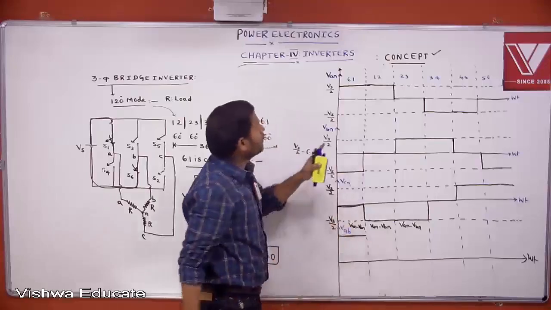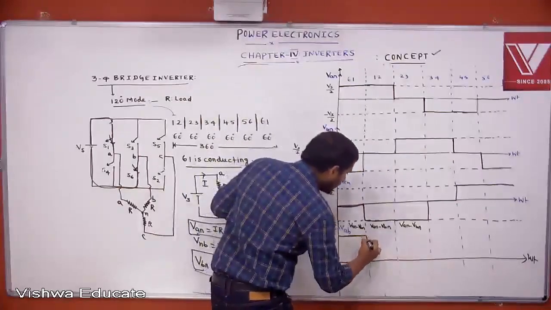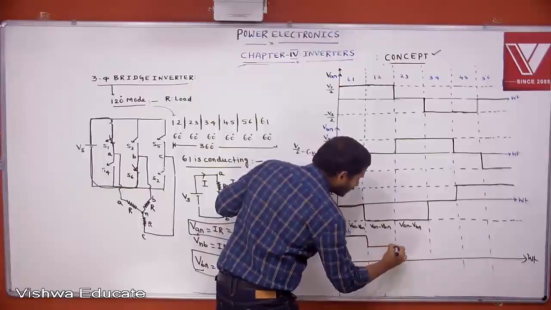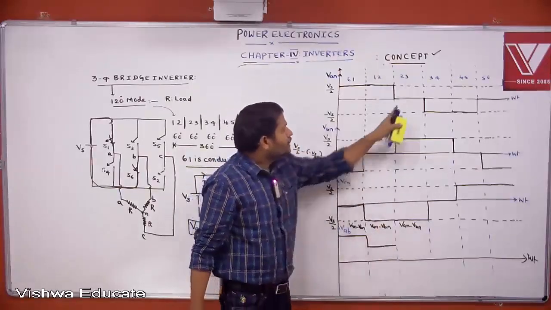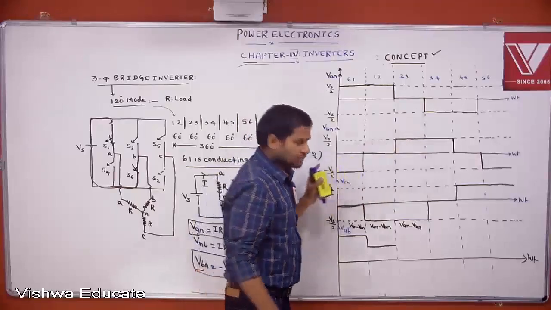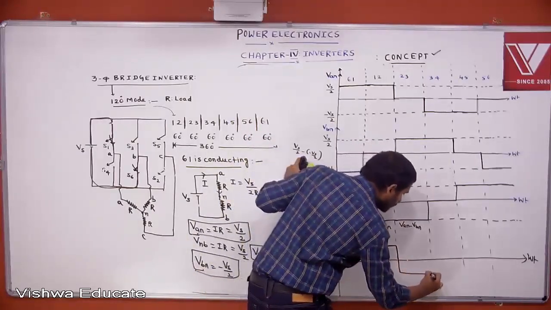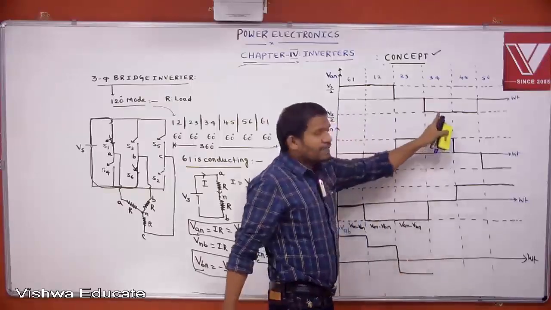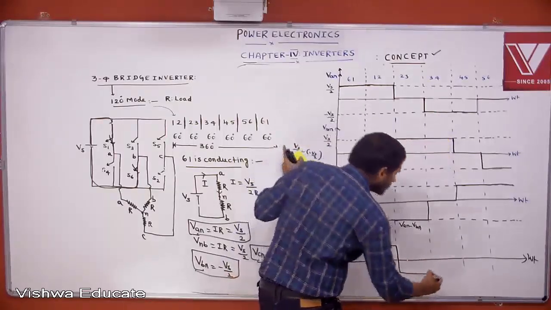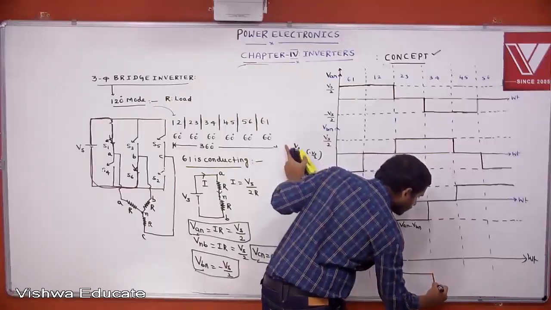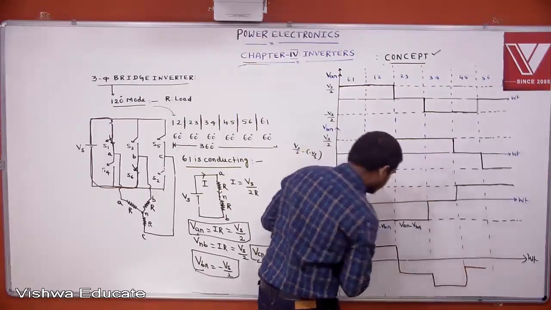Next. Vs by 2 minus 0, plus Vs by 2. Just subtracting, we are getting the line voltage. Next, 0 minus Vs by 2, then minus Vs by 2 you get. Next, minus Vs by 2 minus Vs by 2, that's minus Vs. Again minus Vs by 2.